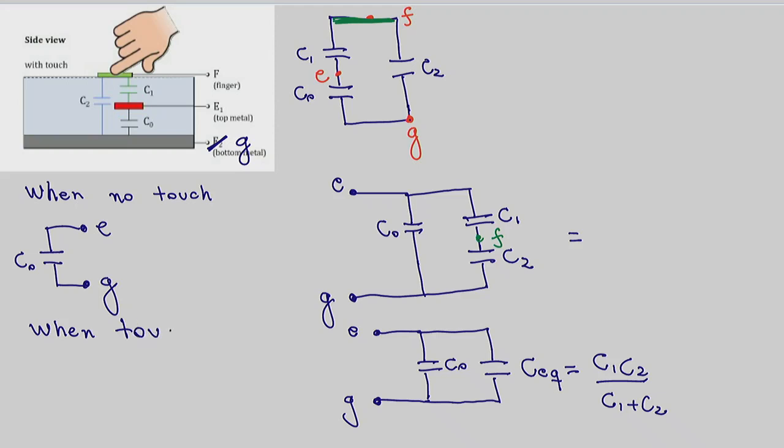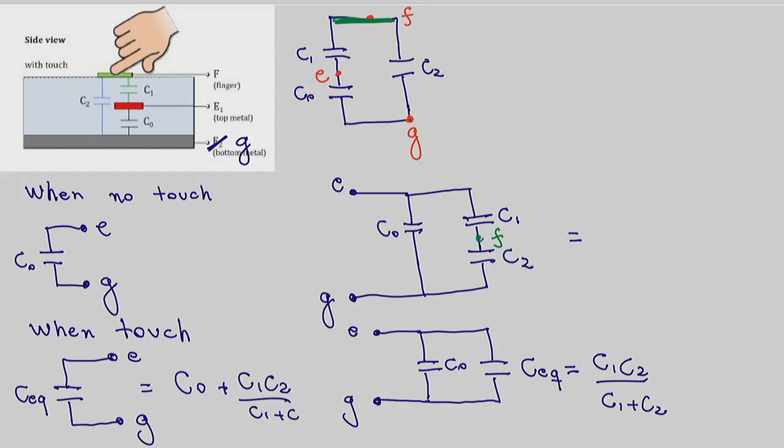Okay, so when there is touch, our equivalent circuit here, as if there was only one capacitor between nodes E and G, C equivalent, would be equal to C naught, because it's C naught connected in parallel with that other equivalent circuit. So it would be C naught plus C1 C2 over C1 plus C2.